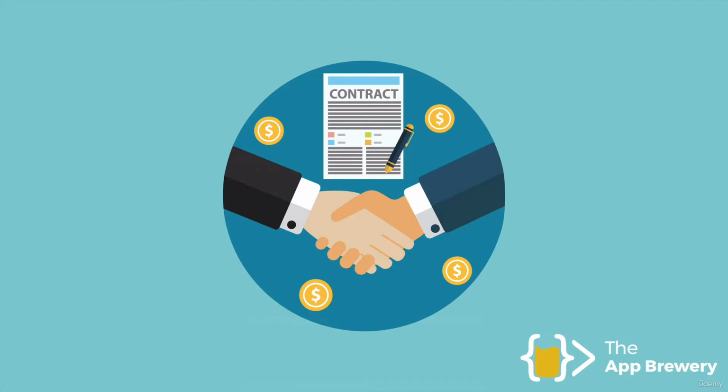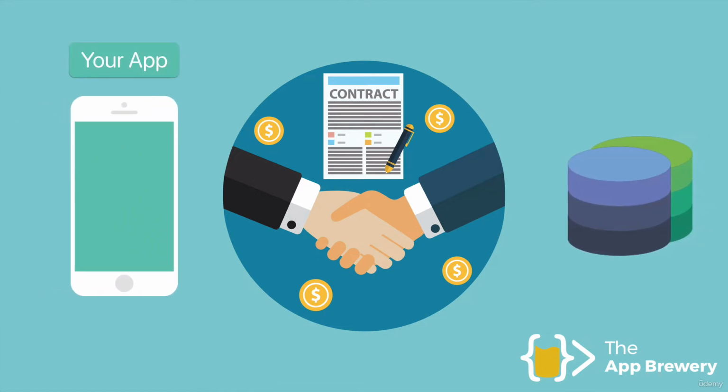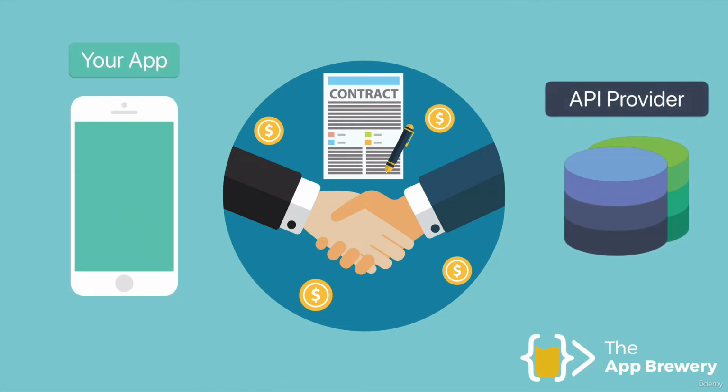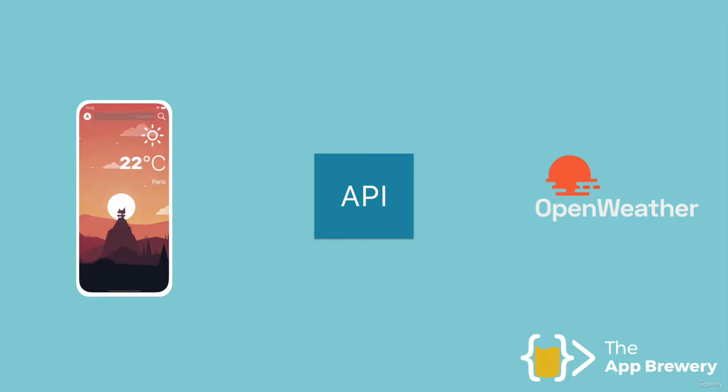So effectively, you can consider an API as simply just a contract. It's the contract between the developer and the API provider. So for example, when we're building our weather app, because we need to populate our app with live weather data for all locations across the world, we're going to be using the OpenWeatherMap API that they provide.